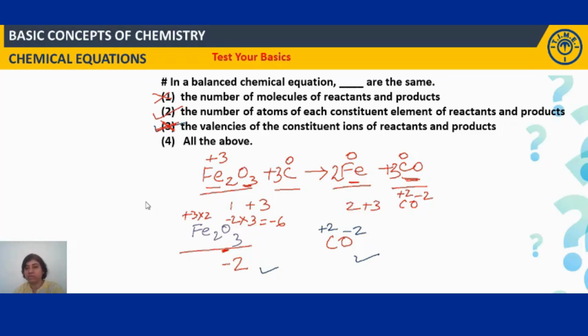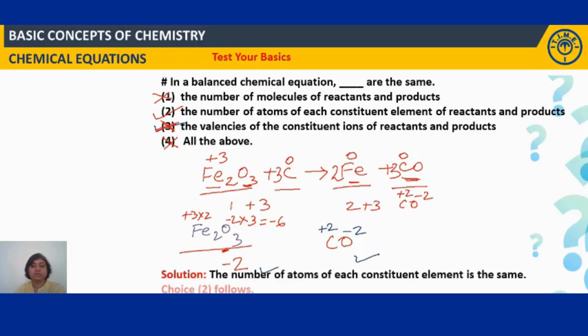So it is not always the same. So it is a wrong option. So all the above is not possible. So the second option is the correct option. Fine. So let's move on to the next question. You understood the problem? Okay. So the solution is the number of atoms of each constituent element is the same. So choice 2. So let us move on to the next question.